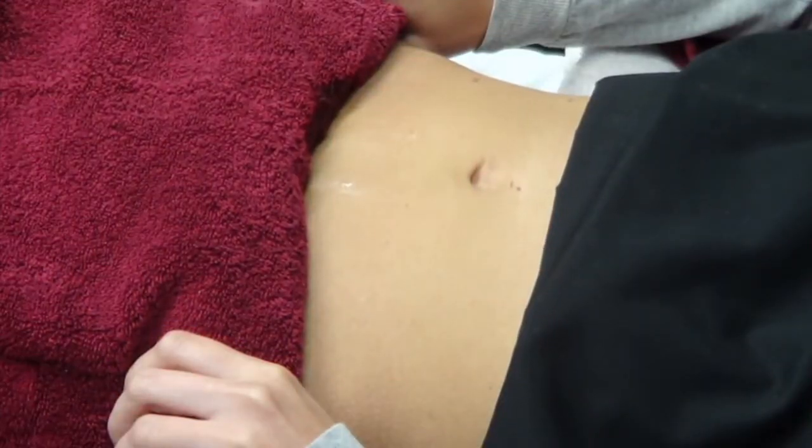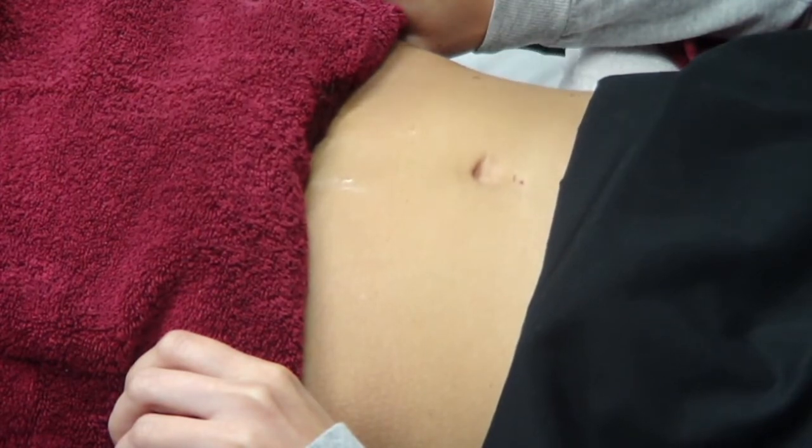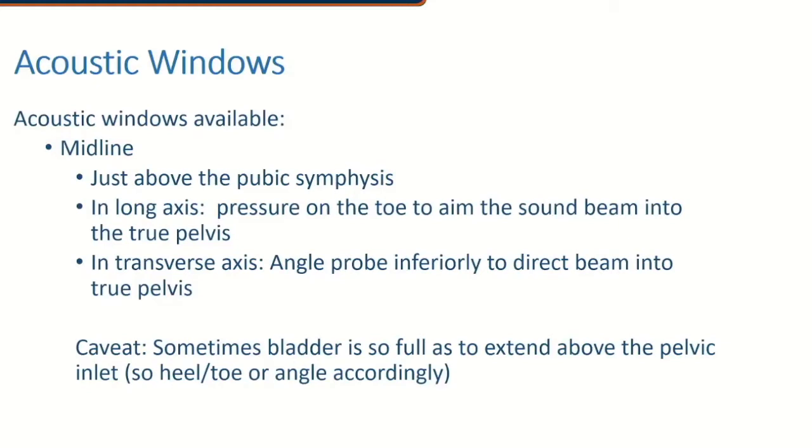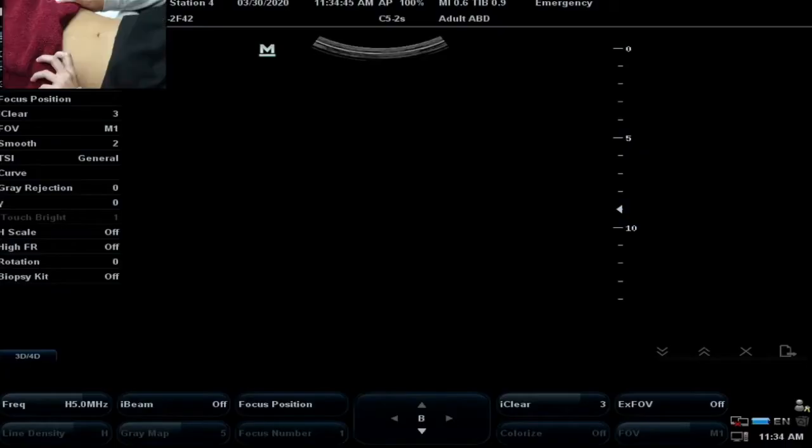Now, the caveat to this is understand that the bladder can be really quite full, and while we may be towing the probe to aim down into the pelvic brim, you may not have to tow as much as you think if the bladder is very, very full.